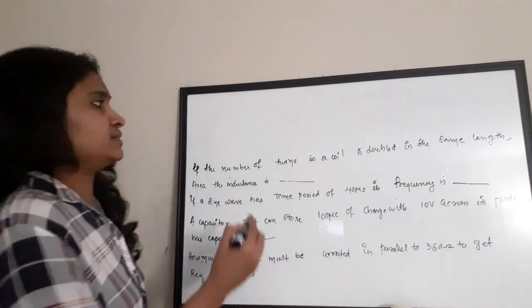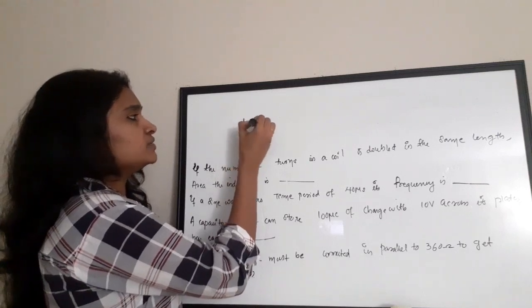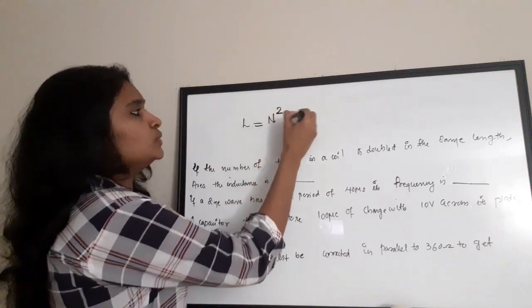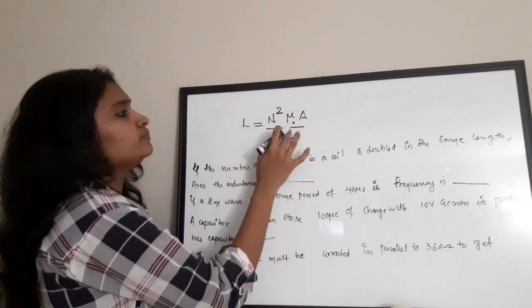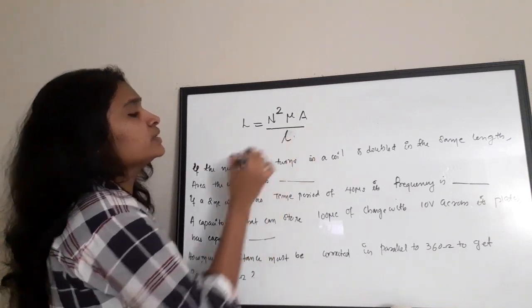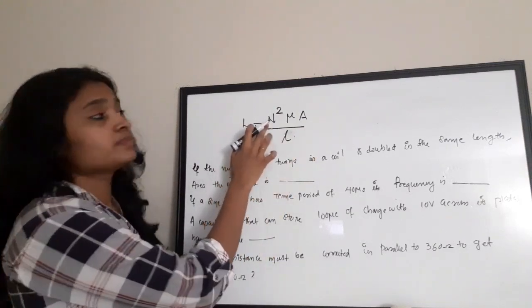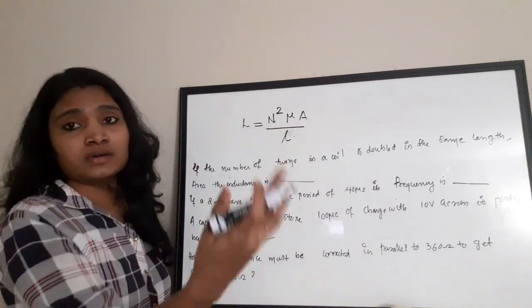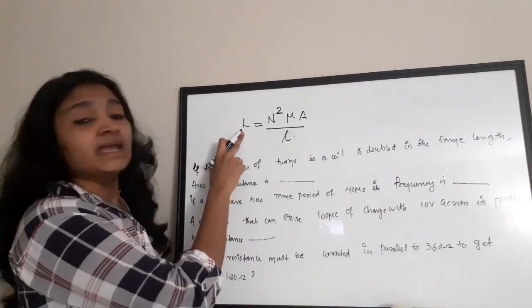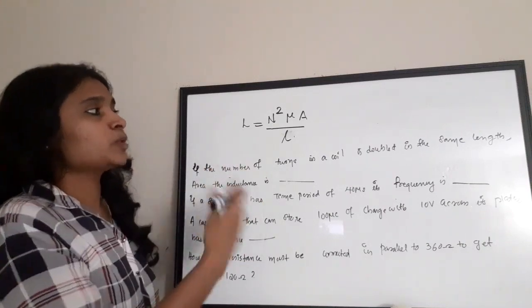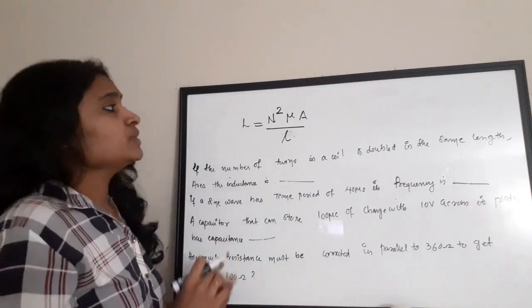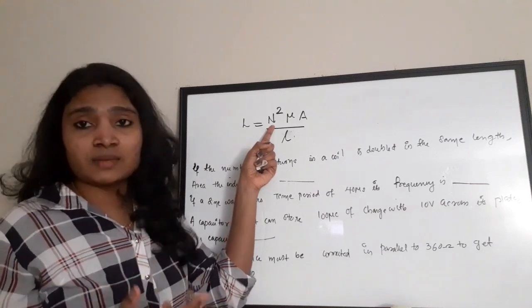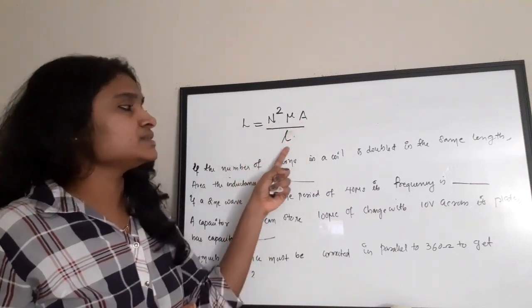The equation for inductance is L equals N square mu A by l, where N is the number of turns, mu is the permeability of the material, A is the area, and l is the length.